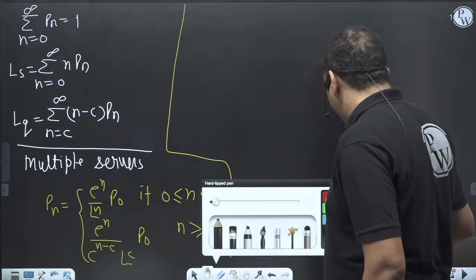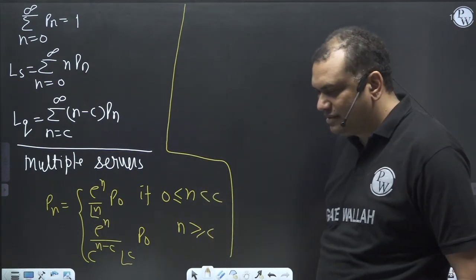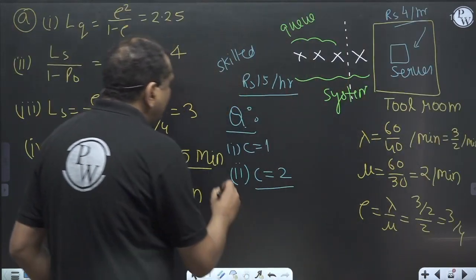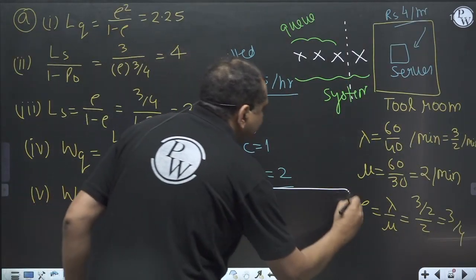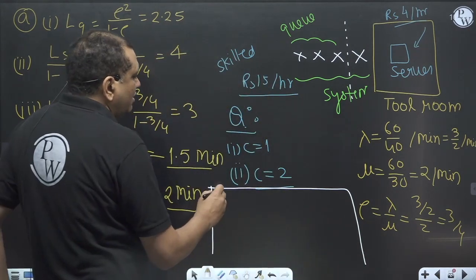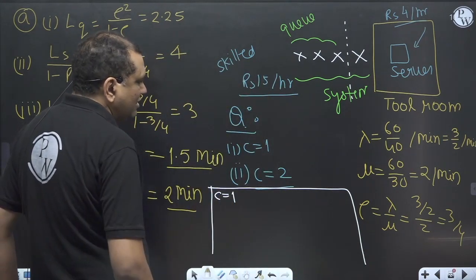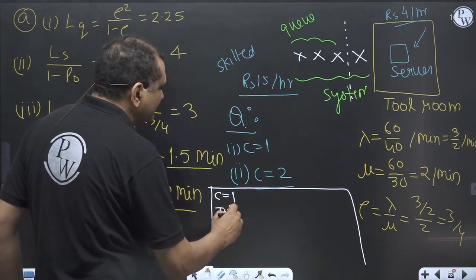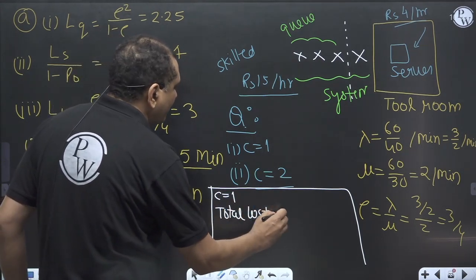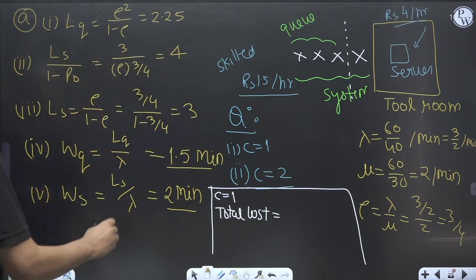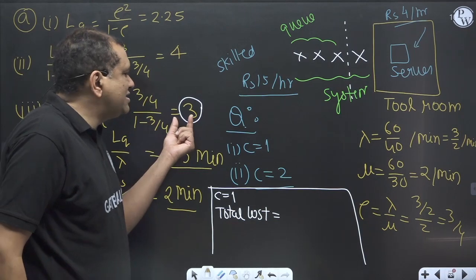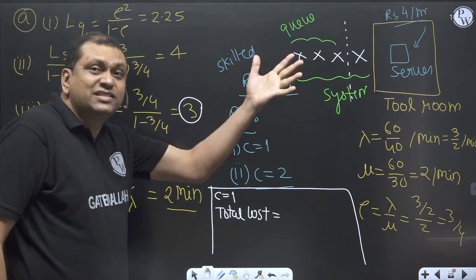Now, if it is a single server, how much is the total cost? Three skilled workers are always in the system.